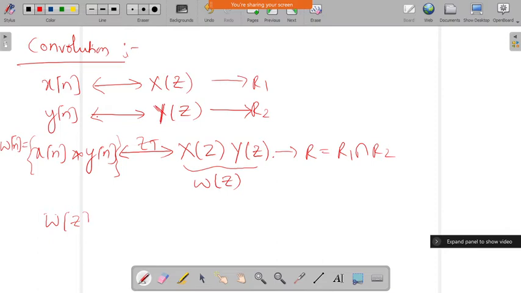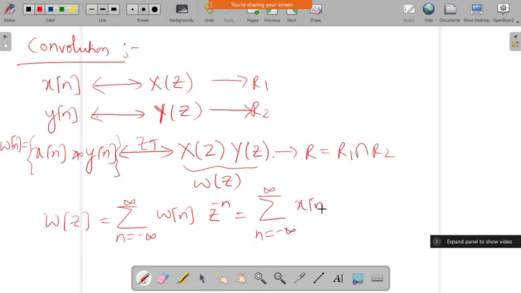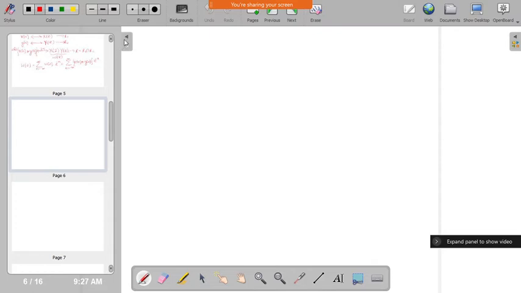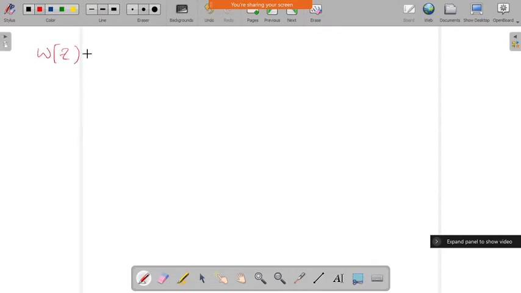So the W of z equation is the summation n equal to minus infinity to plus infinity of w of n into z power minus n.